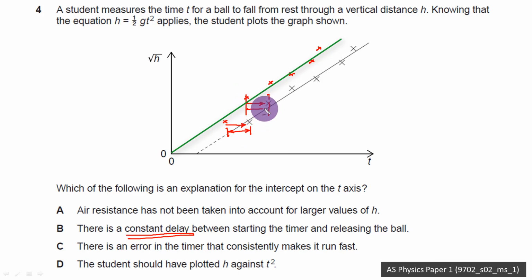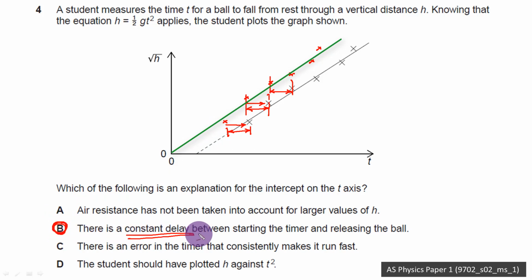For this point, the amount of delay again is this much. You see, the delay is constant. That is why the actual graph does not pass through the origin. That's why B is the most likely answer for this section.